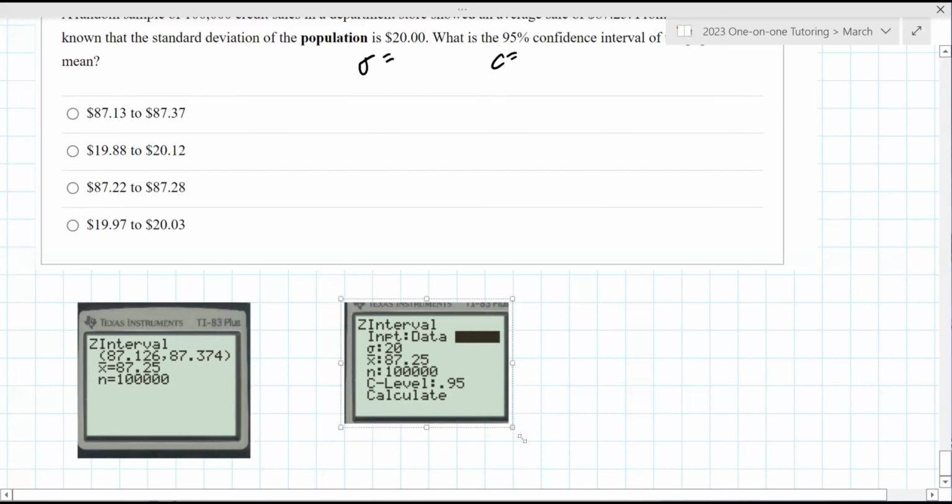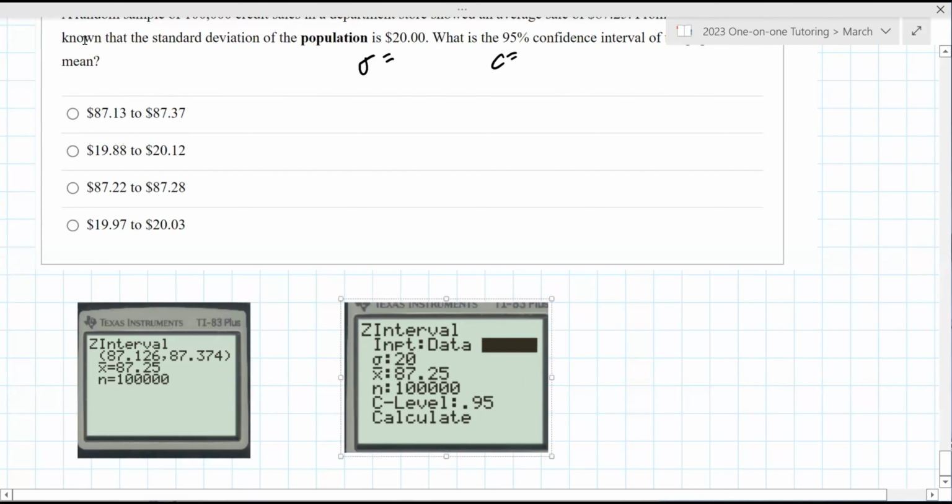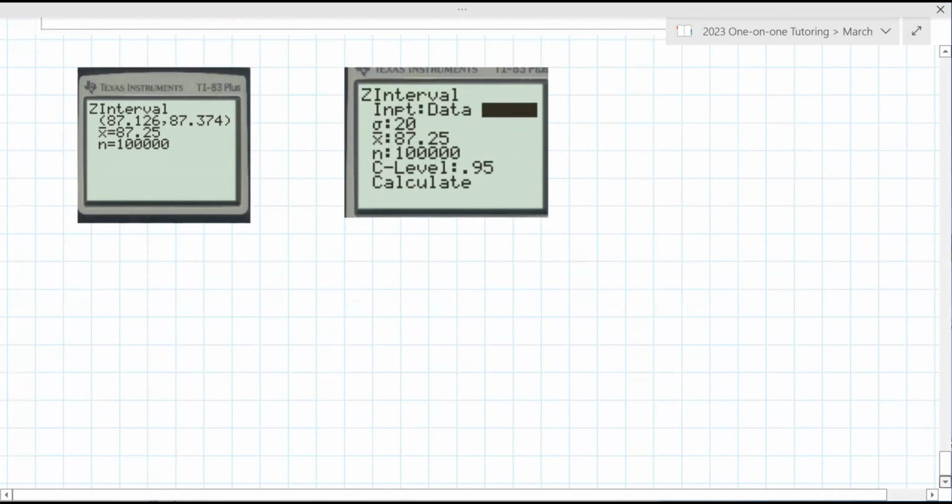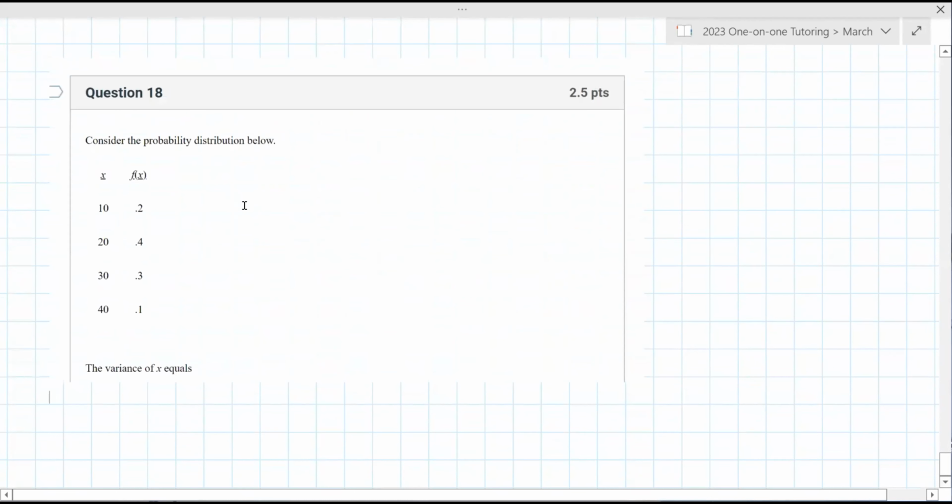All right. So that's letter A there. All right, so 18 here. Consider the probability distribution below.